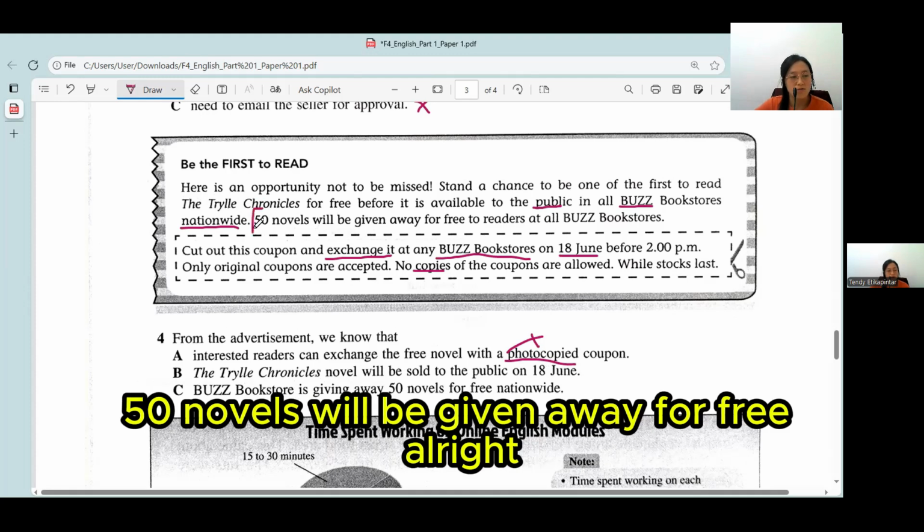Because here it mentions 50 novels will be given away for free. Alright, so the answer is C.